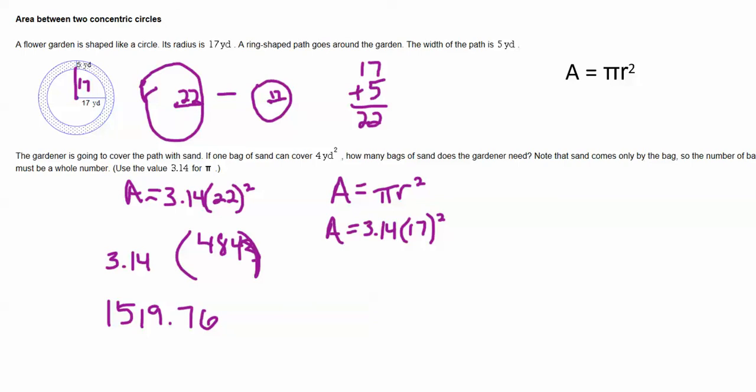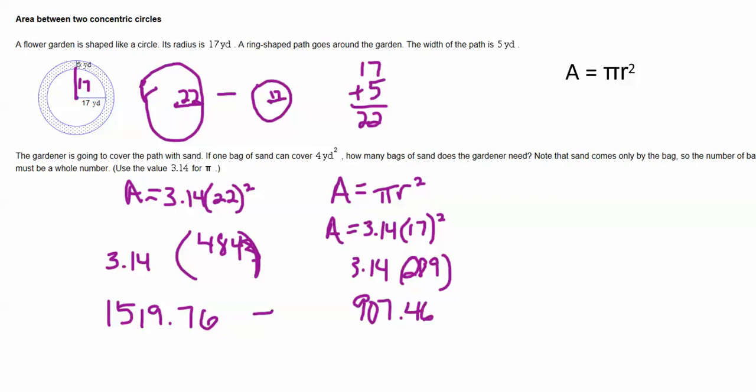Remember, we're not going to round. And then the small circle, 17 times 17 is 289 times 3.14 is 907 and 46 hundredths.